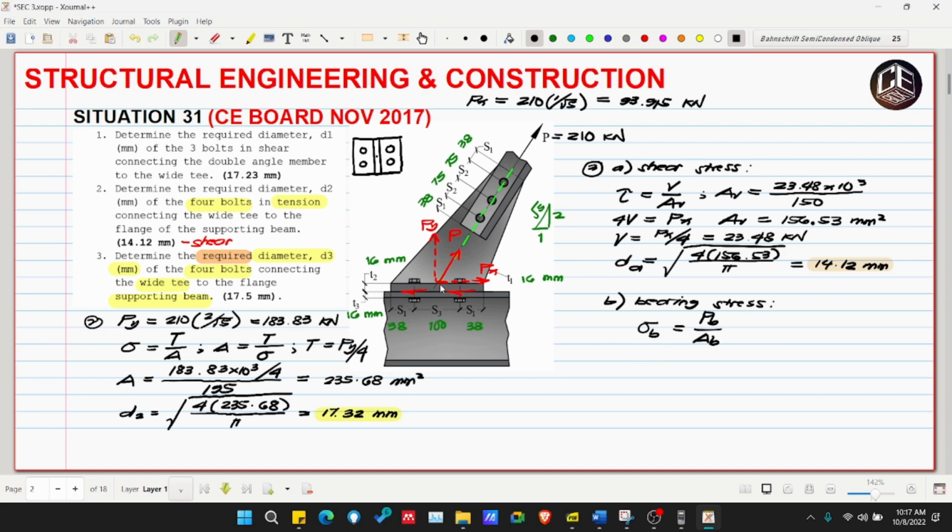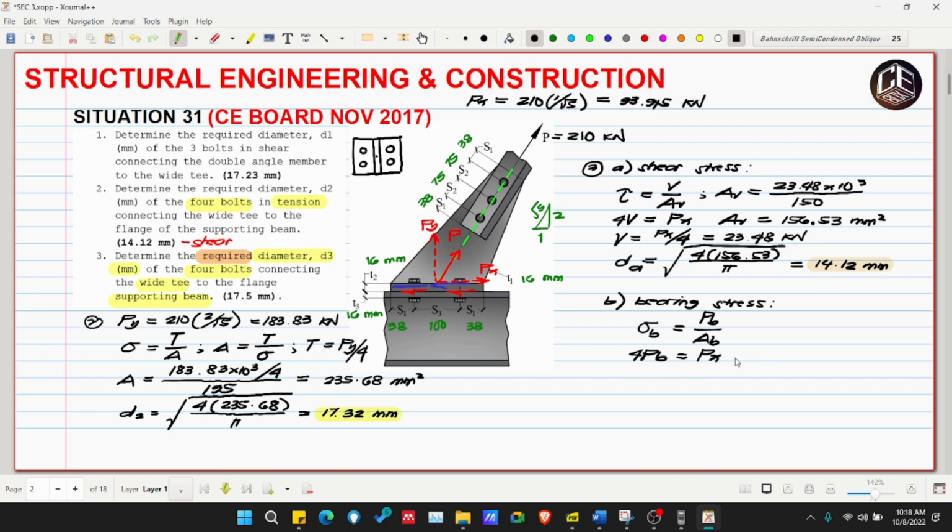So ang ating bearing force is 4. 4 din siya. Okay, so 4 bearing forces is equivalent to ang makukos rin ng bearing contact sa ating bolts and sa thickness ng ating wide T is yung PX. Okay? Hindi yung PY. So, this is equivalent to PX.